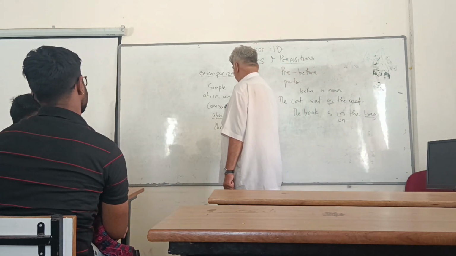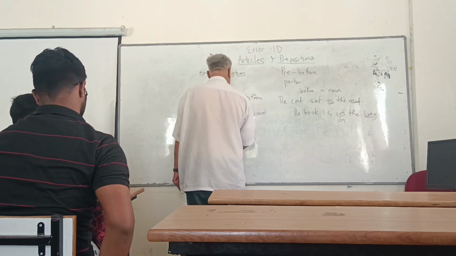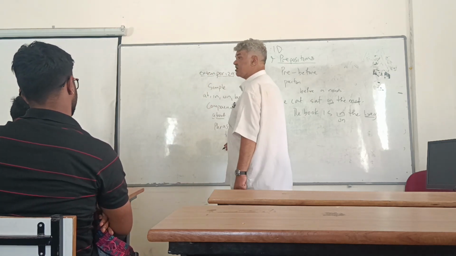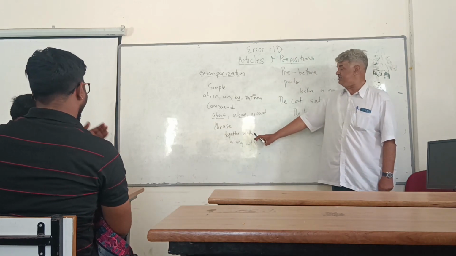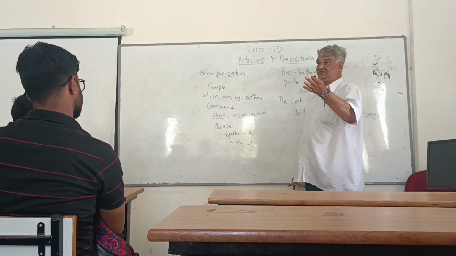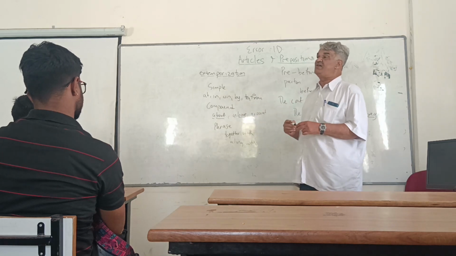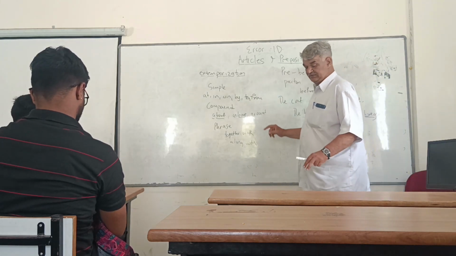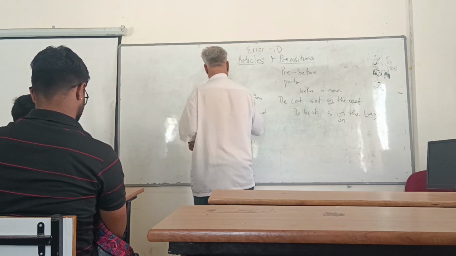So we have together with, along with, in accordance with. So these are phrases. This phrase consists of two words. This also consists of two words. In accordance with consists of three words. So we have simple prepositions, compound prepositions, and phrase prepositions. So this is a grouping or classification of prepositions.